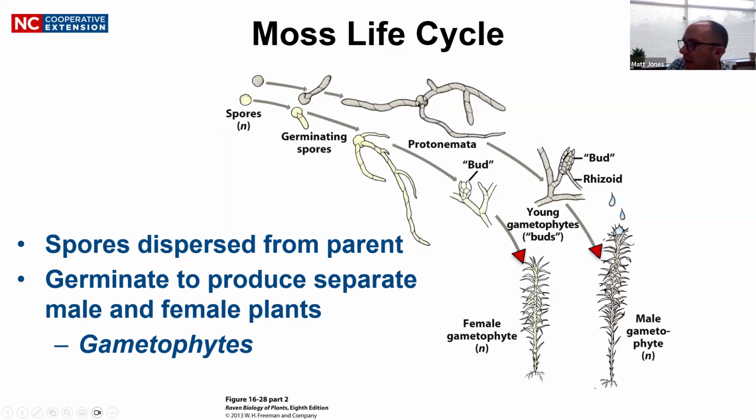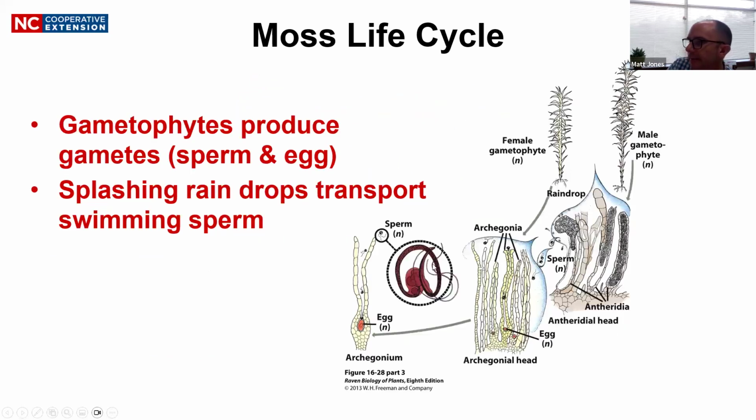Those contain sperm-containing and egg-containing structures, gametangia. In the case of mosses, those sperm and egg-containing structures are typically located in the axils of these leaf-like structures, or at the base of the plant.